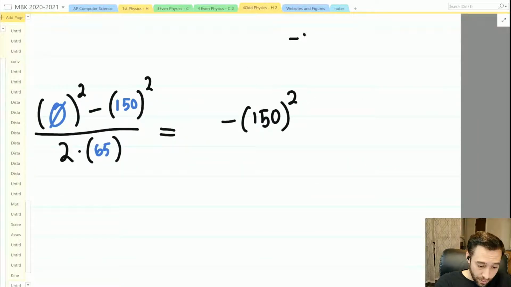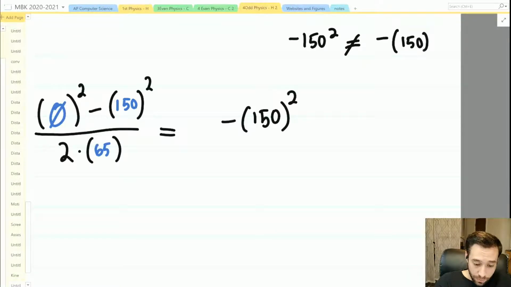So negative 150 squared is not equal to that. Okay, so you have to have the parentheses because this is squaring the 150 and then making it negative. If I do this, it's doing negative 150 times negative 150, and a negative times a negative makes it a positive.